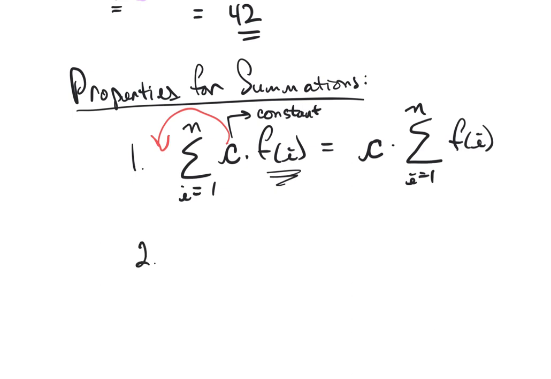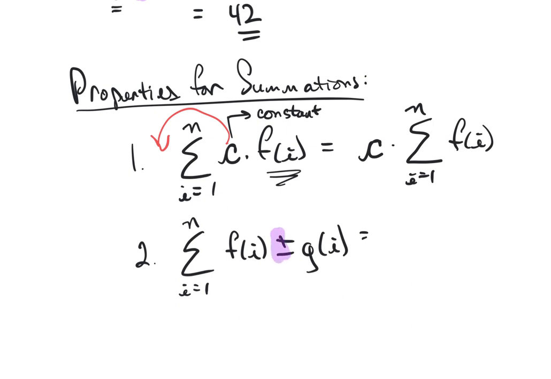And the second property that we'll also use many times is the following: the summation from i equals 1 to n of a function called f in terms of i, plus or minus a function called g in terms of i. So here the key to look for is that we have things either added or subtracted together.